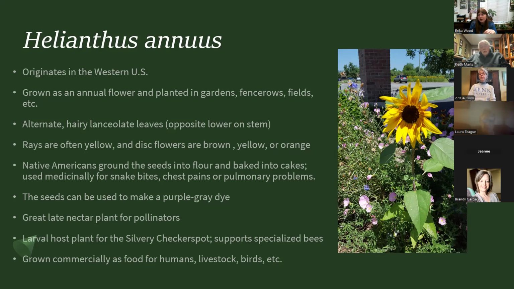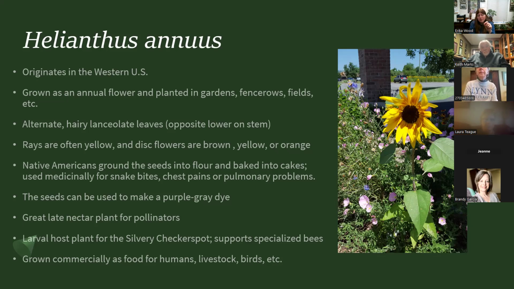So it's not native here originally, although we do have some native perennial species of Helianthus that are found here. But regardless of what Helianthus you're growing, you can get a lot of benefits from this plant. I'm just specifically talking about the annual right now, because that's what we commonly see and grow.